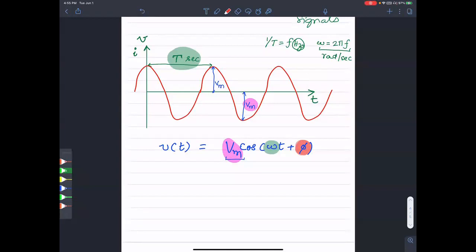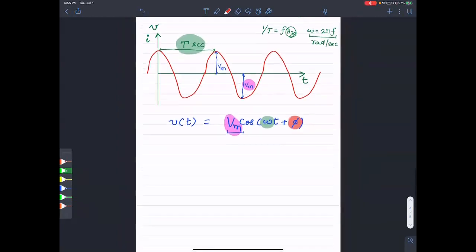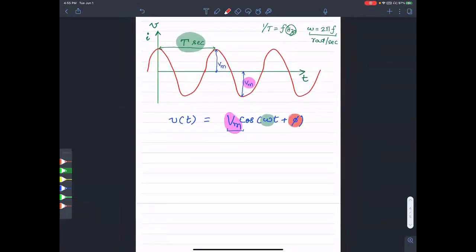Anybody remembers what that phi represents? Angle. How do you mean, Srinjay?